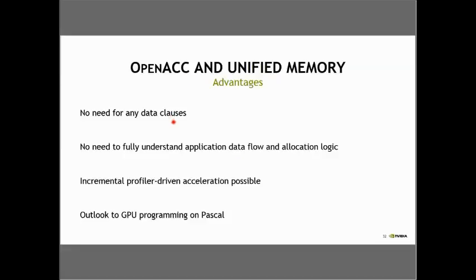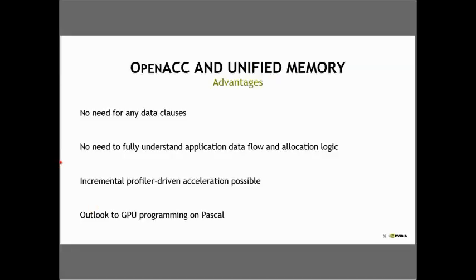We've just gone in and inserted these parallel clauses, and we really haven't looked at the data flow at all, right? And once we've done that, we can use the output from the compiler as well as from the profiler to see what's going on behind the scenes. And like I alluded to earlier, this is only going to get better when you get to Pascal and NVLink. We're removing hurdles along the way.